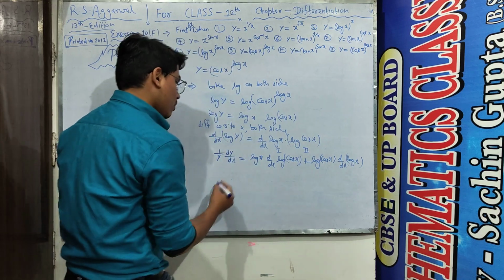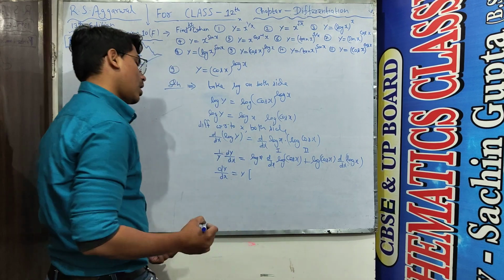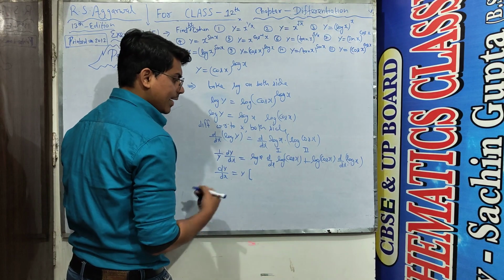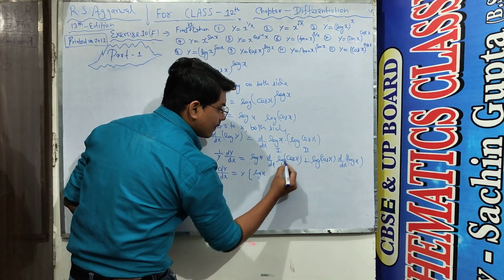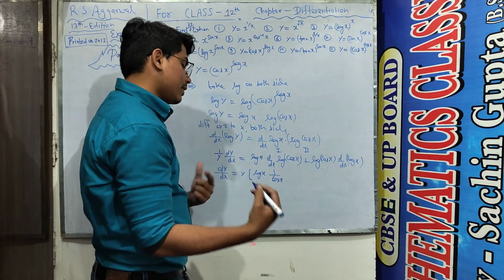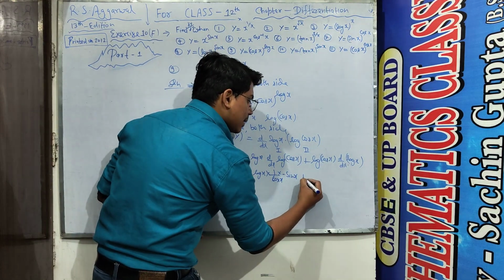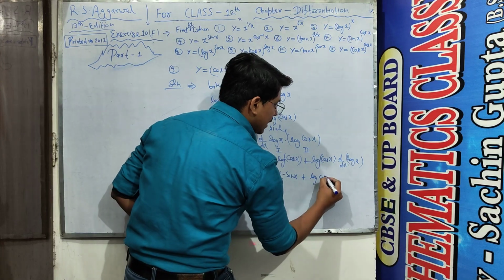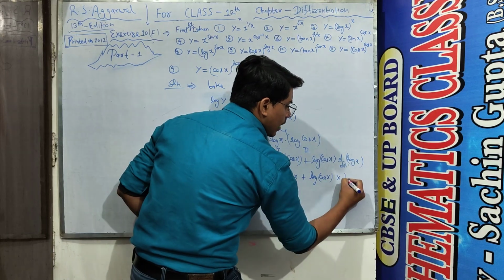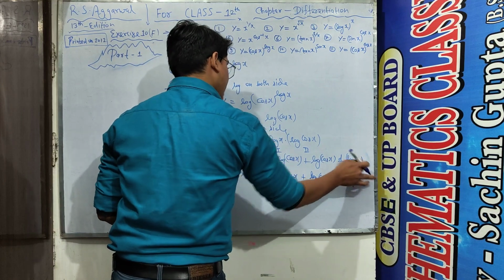Now y goes to the other side, so dy by dx equals y times log x, and the differential of log cos x is 1 upon cos x, and by the chain rule the differential of cos x is minus sin x, plus log cos x into the differential of log x, which is 1 upon x.